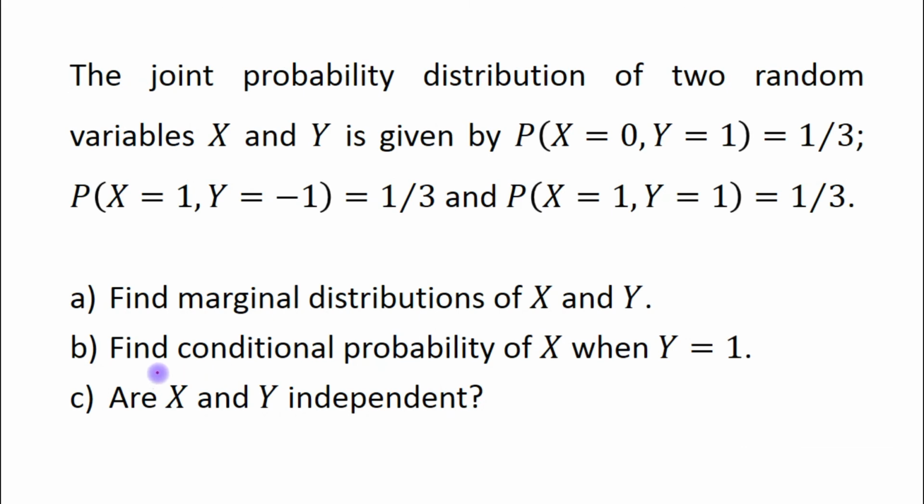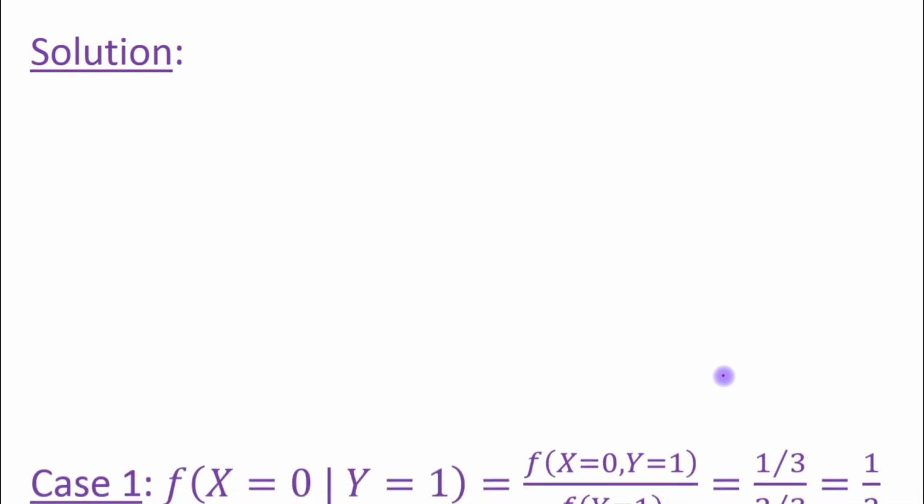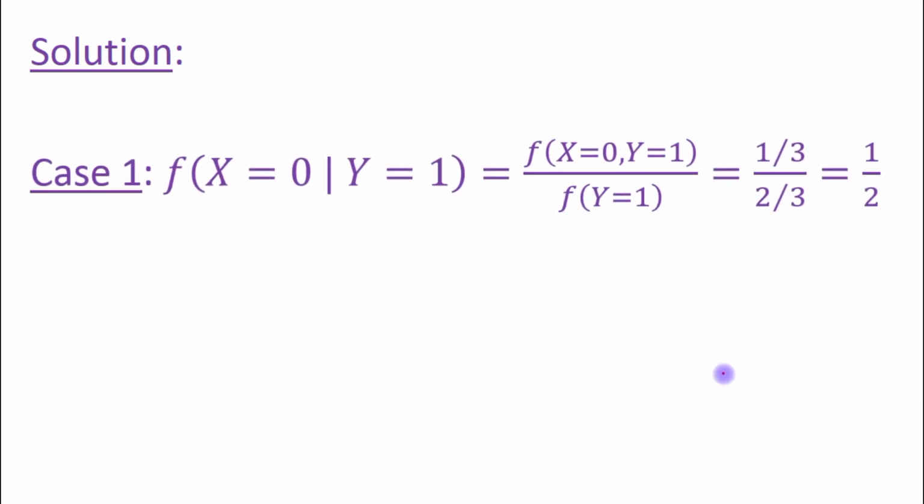Second part, find the conditional probability of x when y equals 1. Solution. Case 1. Probability of x equals 0 given that y equals 1 will be calculated as the joint probability upon the probability that y equals 1.